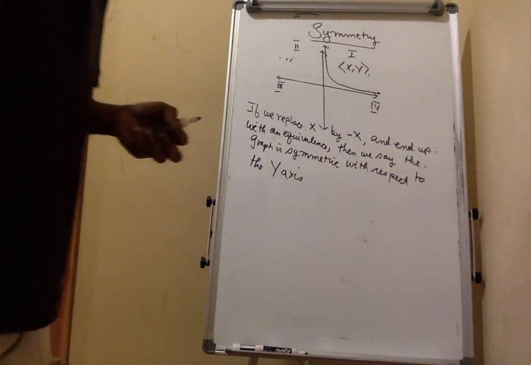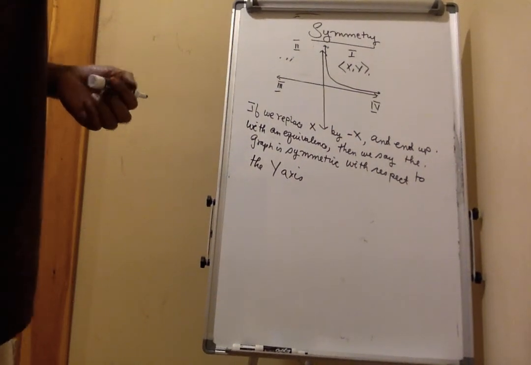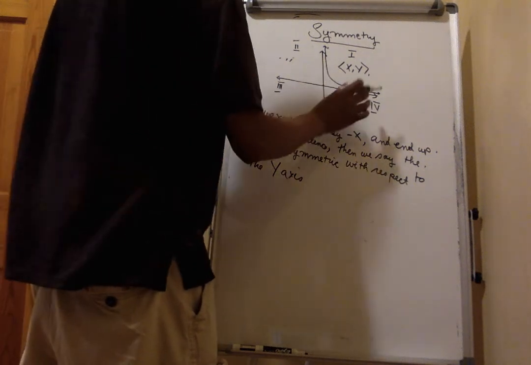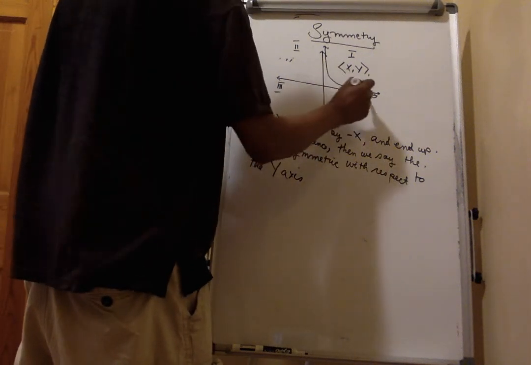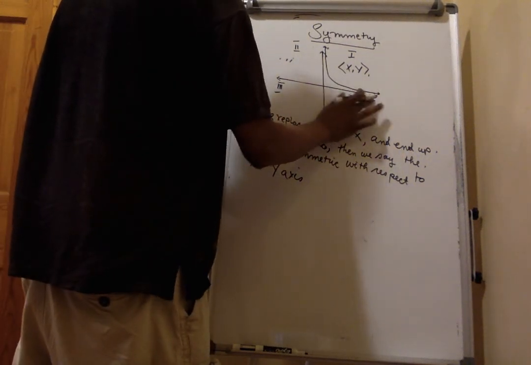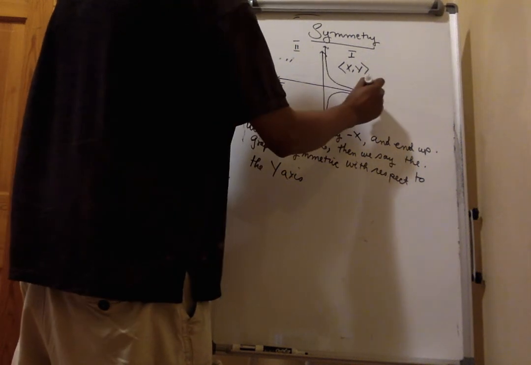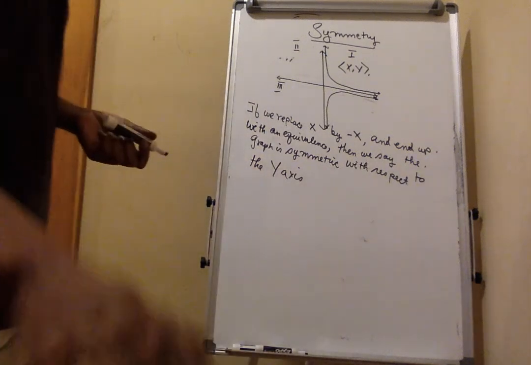Instead of drawing a reflection in quadrant 2, let's draw the same reflection in quadrant 4. And let's label those relations.